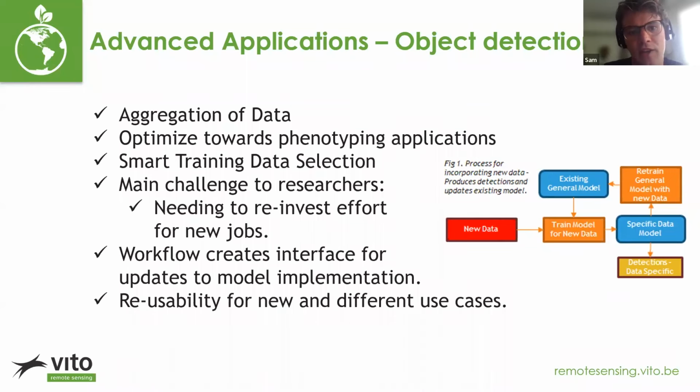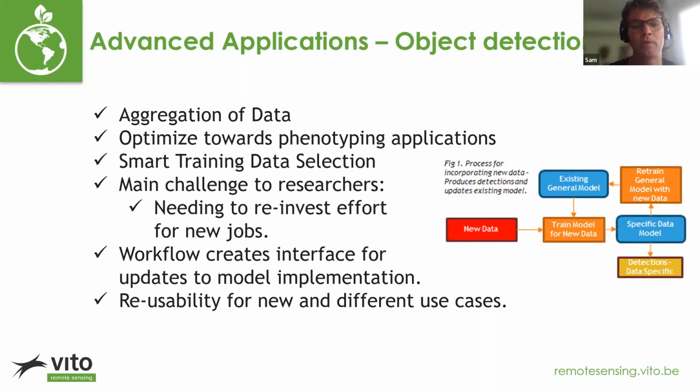But this aggregation of data means that you will end up with lots and lots of samples over different locations, and then you'll be able to combine these into a single model where over time you will be able to train models, use less training data and more quickly receive accurate object detection results.